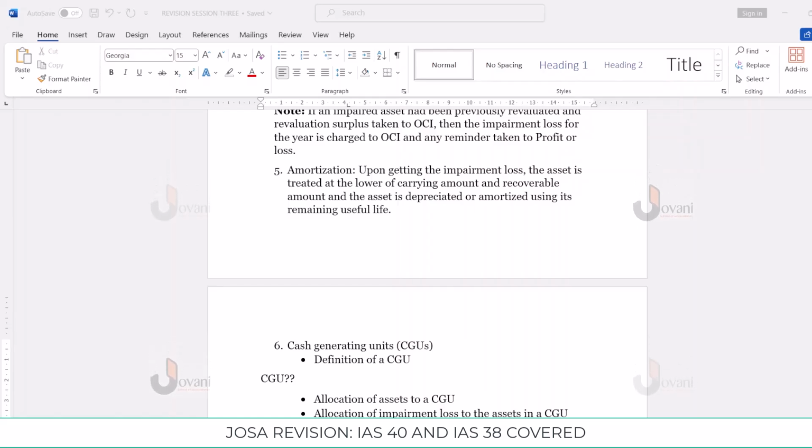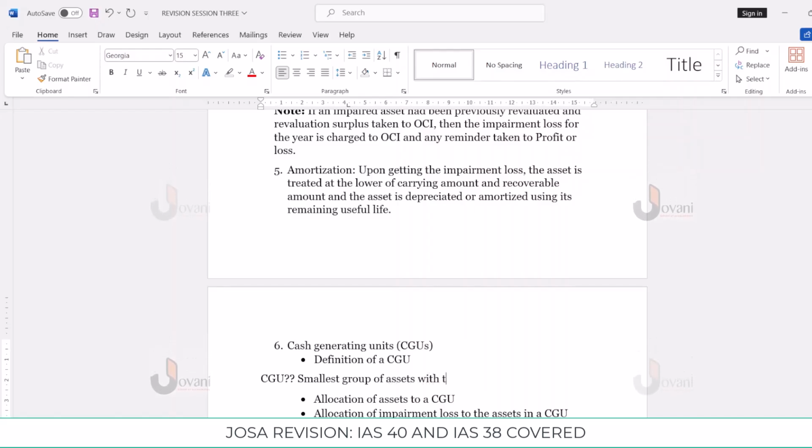Then we have, let me say, Onana as an individual. Out of the 3, which ones are a CGU?